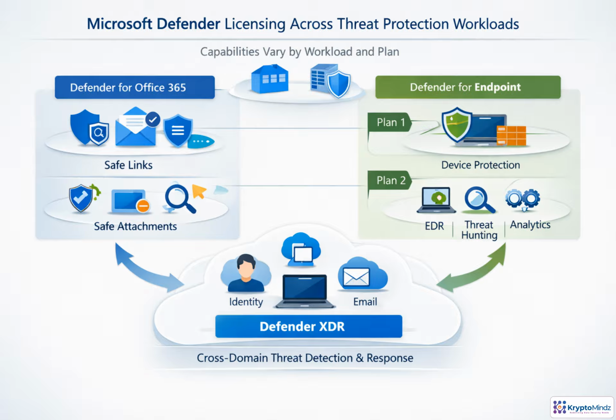Plan 1 provides device protection and attack surface reduction, while Plan 2 adds EDR, advanced hunting, analytics, and automated investigation. The greatest value comes when identity, endpoint, email, and cloud app signals connect through Defender XDR, enabling cross-domain detection and coordinated response. Licensing decisions should map to security outcomes, not just product names.